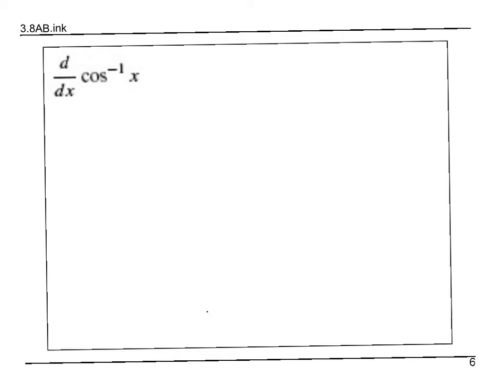So if we want to derive cosine inverse, then I'm going to say my original function was cos, and my inverse function, of course, is cos inverse. So if I want to get g prime, then I'm going to use 1 over f prime of g. Okay.